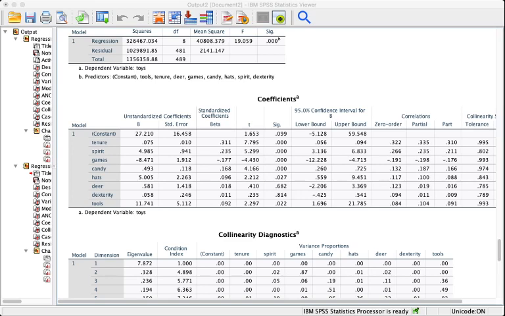So here we have 3 different types of correlations: the zero order, the partial, and the part. Zero order correlations are what you would see normally. So it's just comparing 2 things together. How much variance do they share?